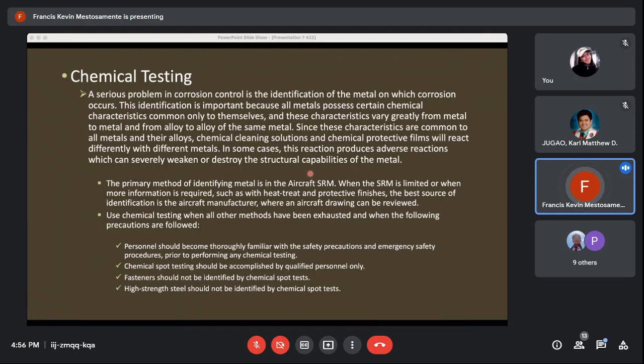Kaya nga tayo gumagamit nun to prevent corrosion and damage and gastos. Pagka hindi natin chinek, baka mapunta pa tayo sa destruction or more damage doon sa component or material.